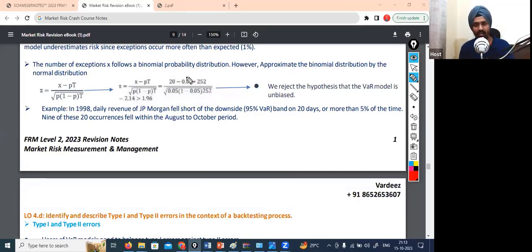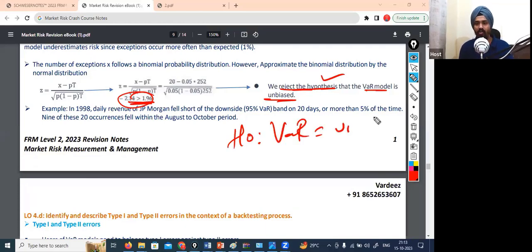So we just plug in the numbers, we calculate this thing, and we got a value of 2.4, which is greater than the critical value. We are calculating a 95% VaR, so the critical value is 1.96. Right? So we just find this, and if it is greater than the critical value, we reject the hypothesis that the VaR model is unbiased. So the hypothesis was VaR is unbiased.